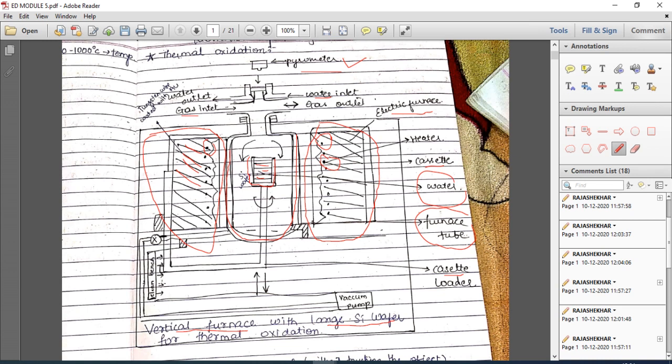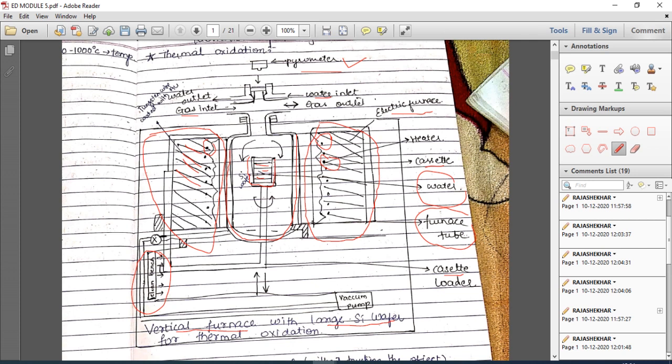Next, there are another two. This is a clean bench. We call it a clean bench. When I send a gas to the furnace, it performs oxidation, meaning the O2 reacts with the silicon and generates a silicon dioxide layer.